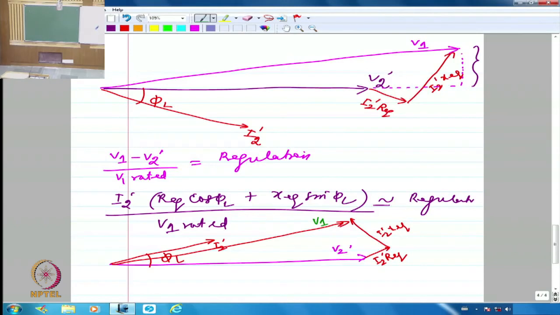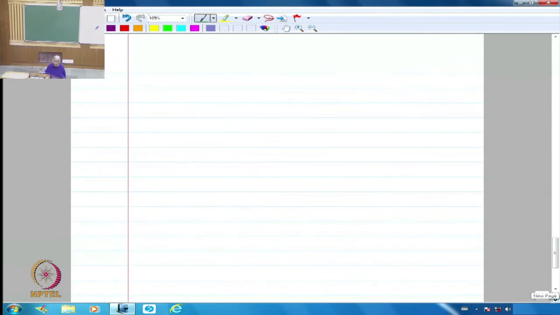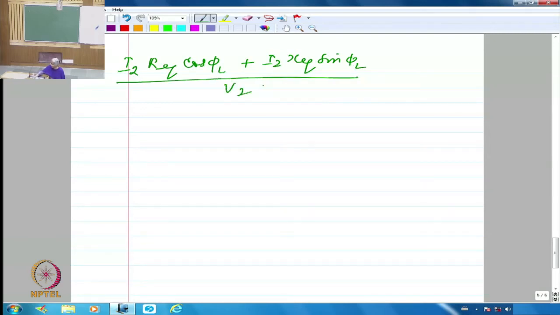And there are conditions for voltage regulation where maximum regulation occurs and where minimum regulation occurs. You can try to derive those as well. That is when you write (I2 R equivalent cos phi L plus I2 X equivalent sin phi L) divided by V2 is regulation, right?